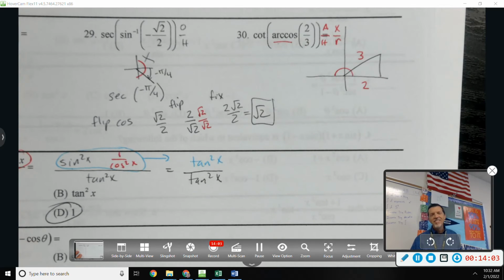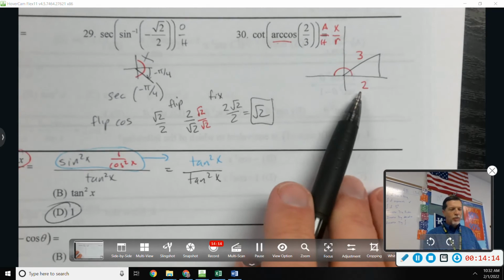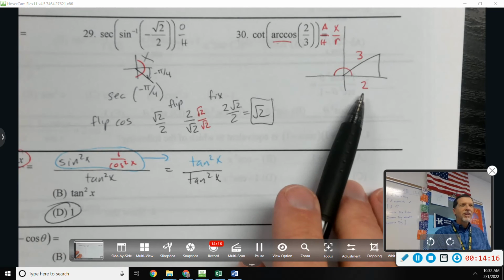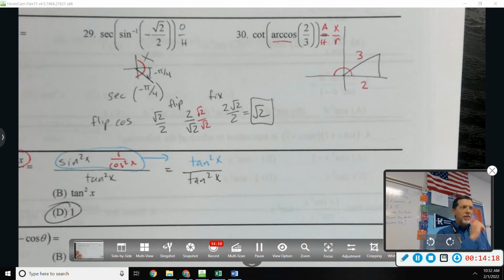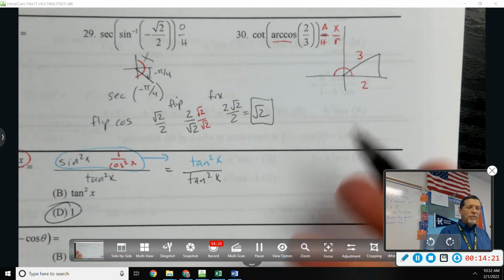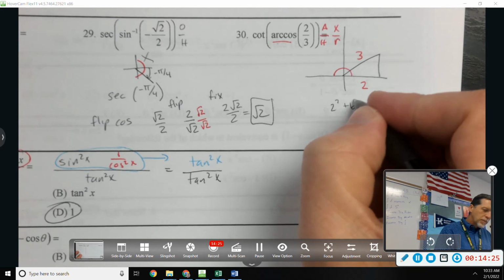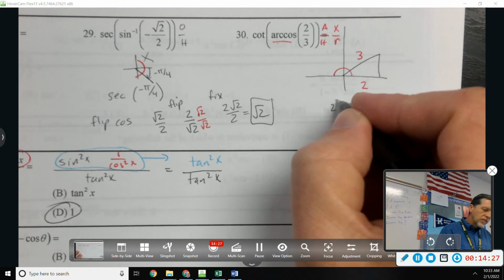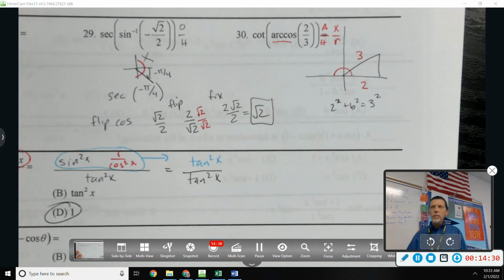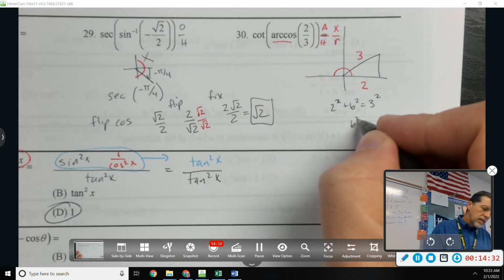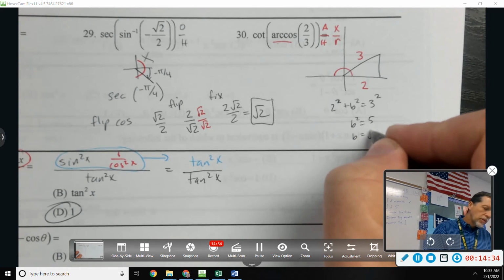In fact, that's not even a triangle at all. 3, 4, 5 is one with 5. And even if this was a 4 down here, this wouldn't be a 3, 4, 5 right triangle, because the 5 has to be the hypotenuse. So how am I going to find the missing side? A squared plus b squared equals c squared. So b is the square root of 5.